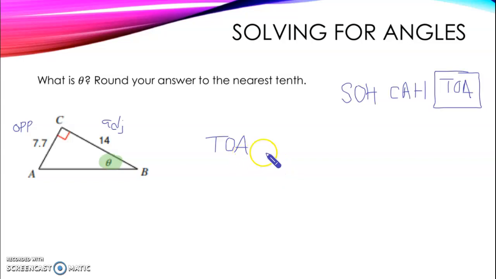So TOA helps remind us that the equation for tangent of an angle, in this case we don't know the angle, but we're going to write theta there, is equal to opposite over adjacent, 7.7 over 14.